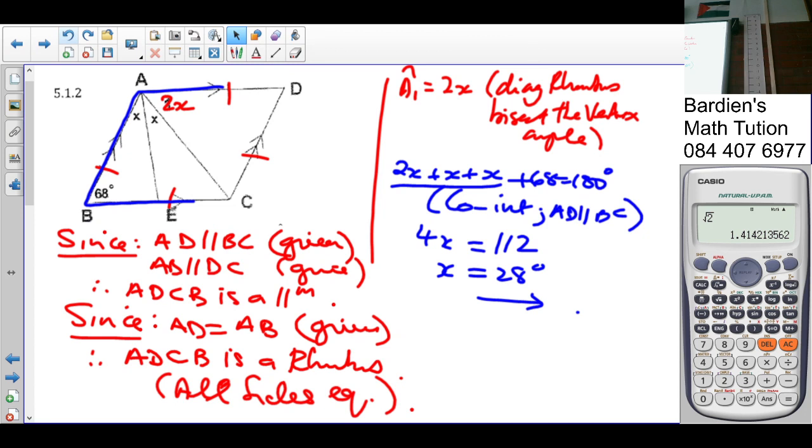Alright. Yes, what method were you talking about? Oh, I did the first with the other side. And then I took the 68 to the other side. You take the 68 to angle D. Yes, that's how I did it. But now you're going to say angle D is 68 and then what did you do?